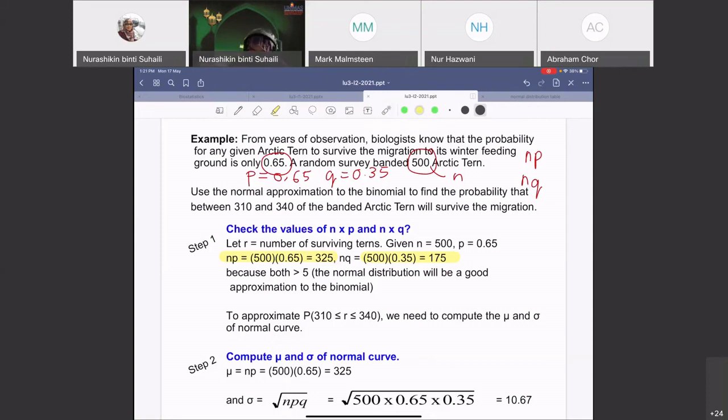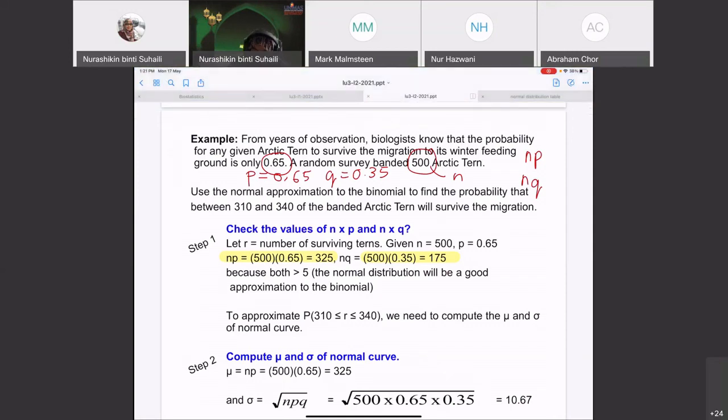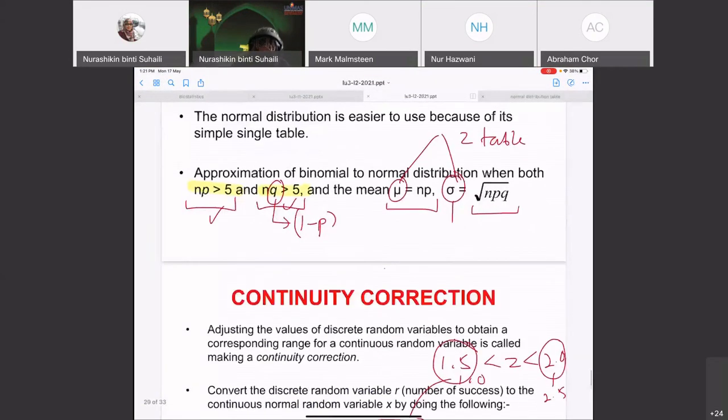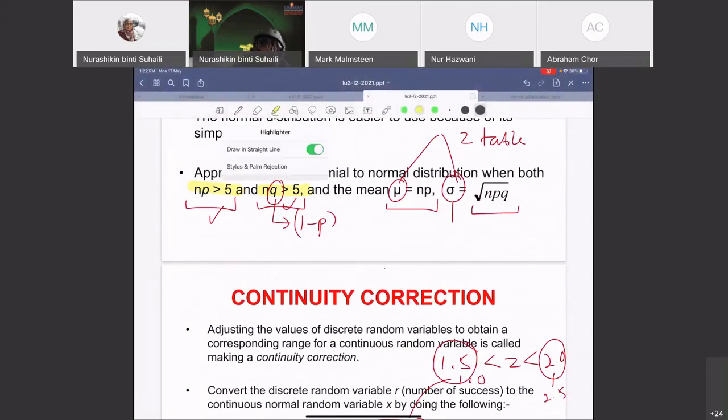We first have to find mu, because we don't have the mu value. If you refer to the notes before, mu equals n times p, and the standard deviation, sigma, is equal to the square root of n times p times q.